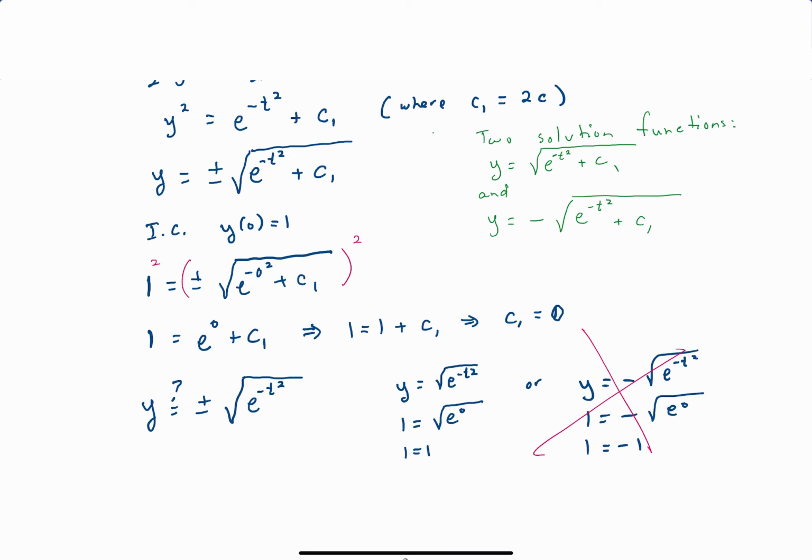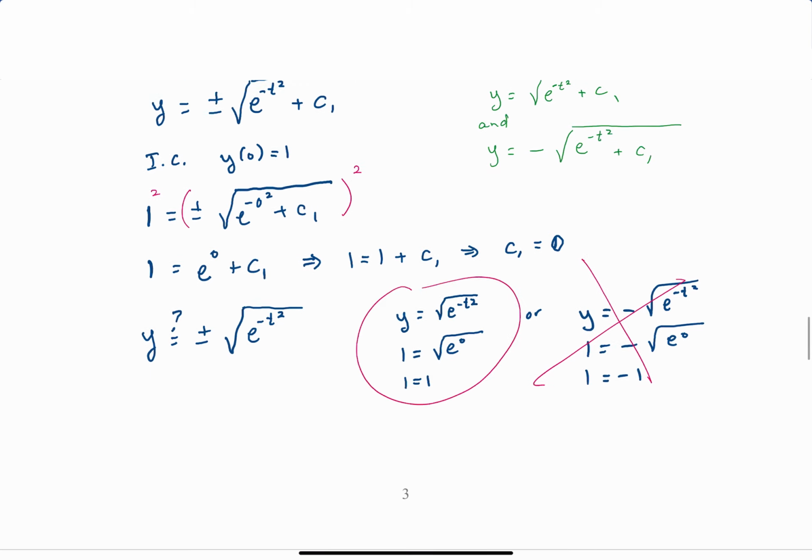So this is the one we want. I'm going to say no, our answer is not going to be y equals plus or minus the square root. That's the general solution, but for this particular solution, we have to have just the positive square root.